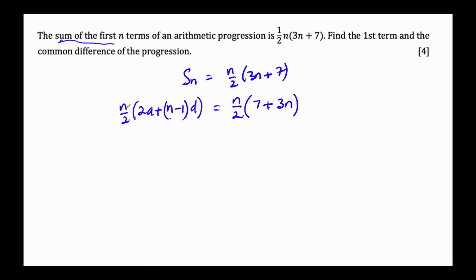Since we have n over 2, we can just equate the bracket and the other bracket. Rewriting the bracket of the left hand side, you will have 2a minus d, we expand, and then plus dn, while on the right side we will have 7 plus 3n.